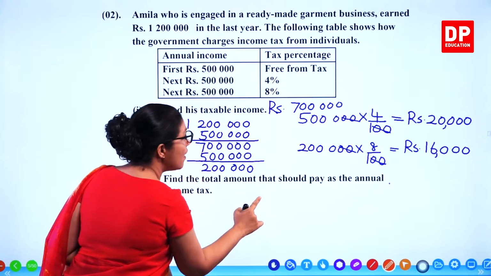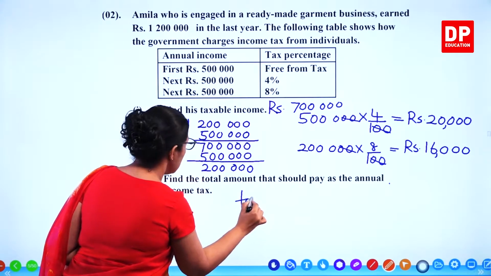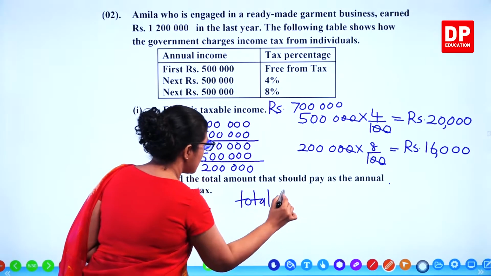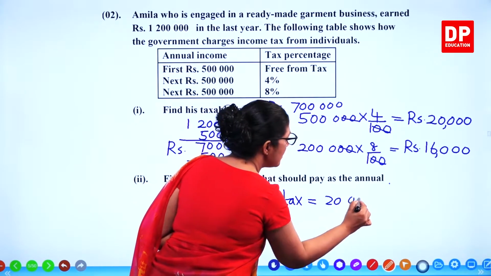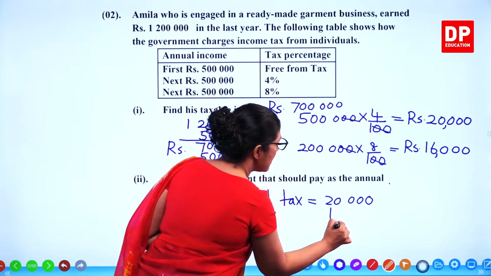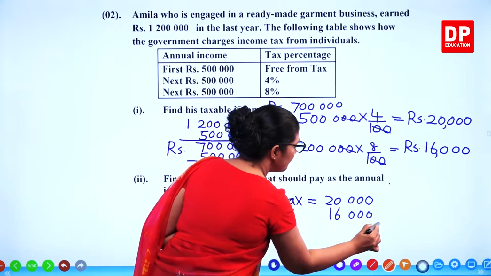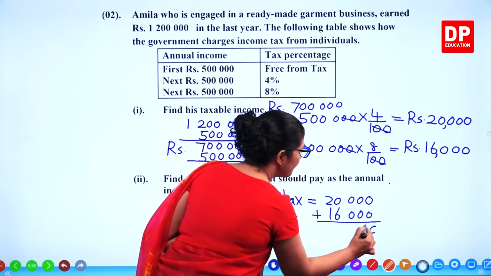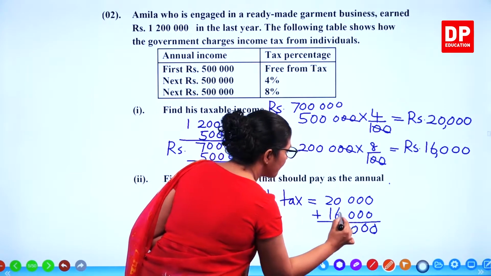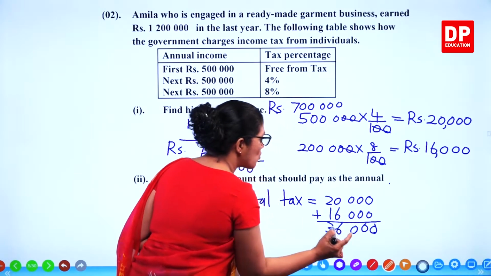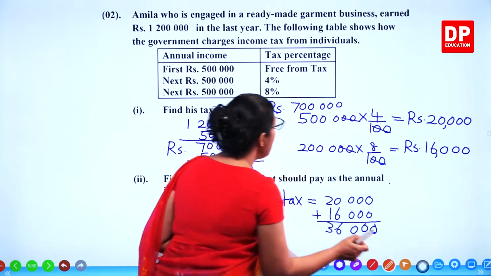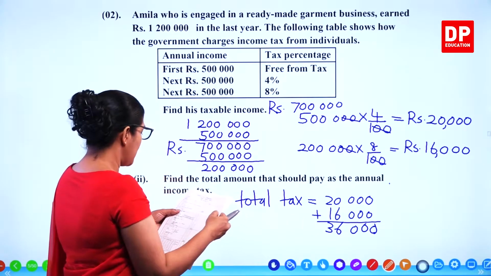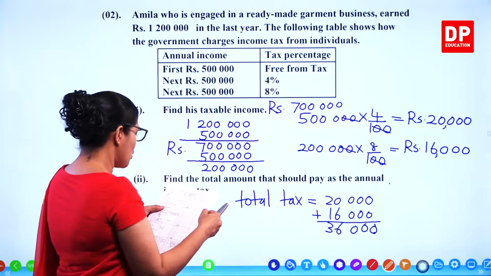But here the total tax is 20,000 plus 16,000, 36,000 rupees. So let's see how many marks for these two steps. So 700,000, just 1 mark.